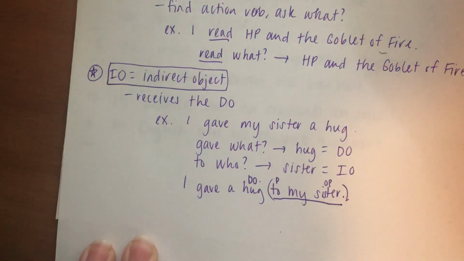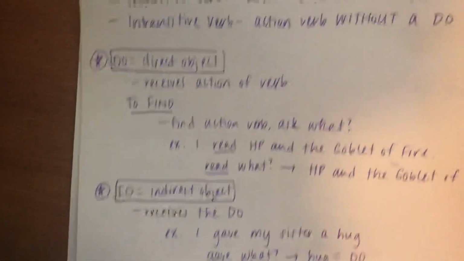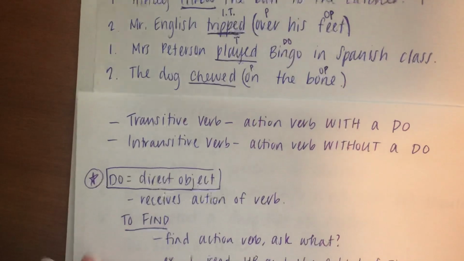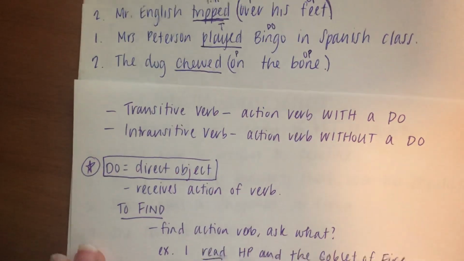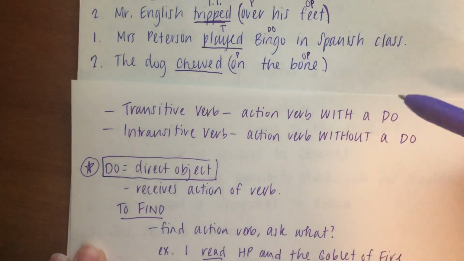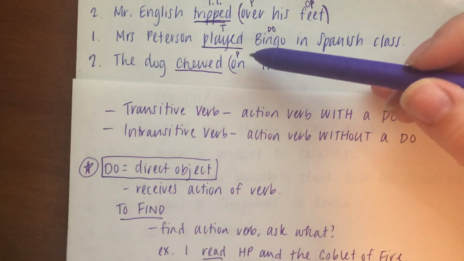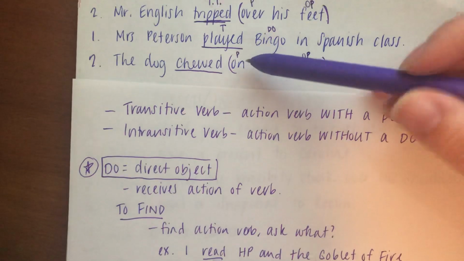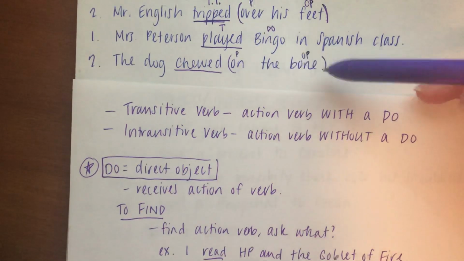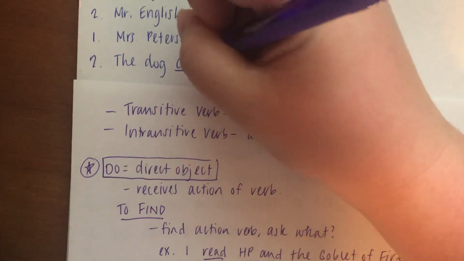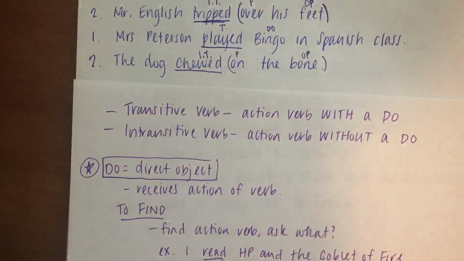There are not going to be a lot of words between your verb and your direct object when there's just a direct object in a sentence, or even when there's an indirect. Okay, there's not going to be a lot of additional words. So if you see words like prepositions, adverbs, other words are typically going to be a hint that there's no direct object. So no direct object means this is an intransitive verb.